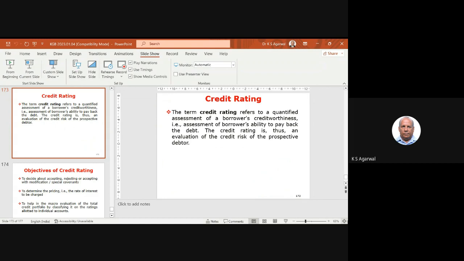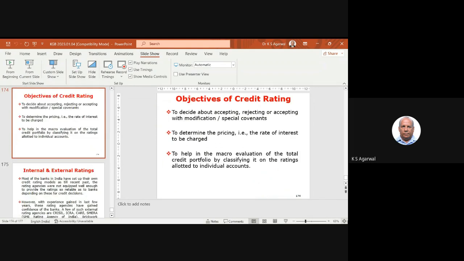So credit rating is an evaluation of the credit risk of the prospective borrower. The objectives are three: whether to accept or reject his proposal, and what interest rate I will charge. If he is more creditworthy, I will be happy to charge him less. If I have a riskier borrower, I will charge a higher rate of interest.